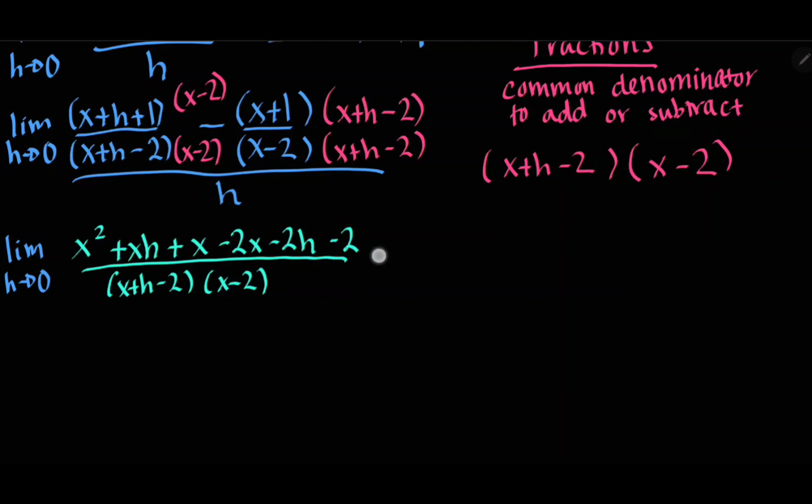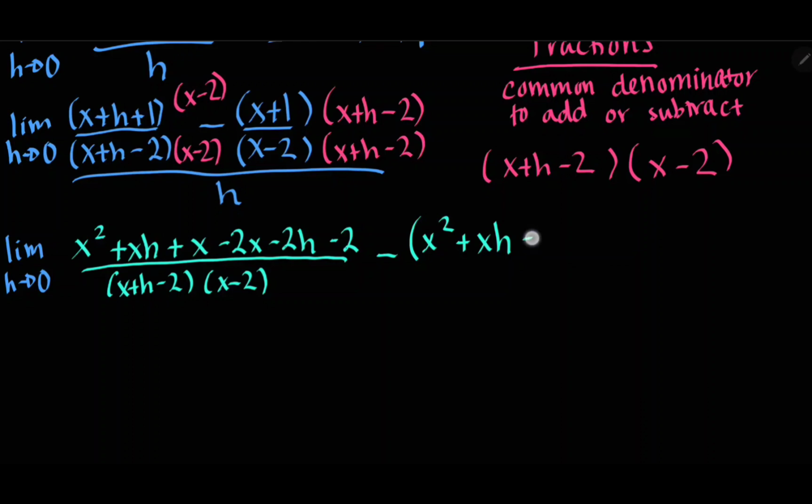Now that we have this function subtracted by the other one, we need to go ahead and distribute the other one in. And remember I said use the smaller number of terms and multiply into the bigger ones. So x times all three of these terms, and then 1 times all three of those terms. So x times x is x squared. X times h is xh.